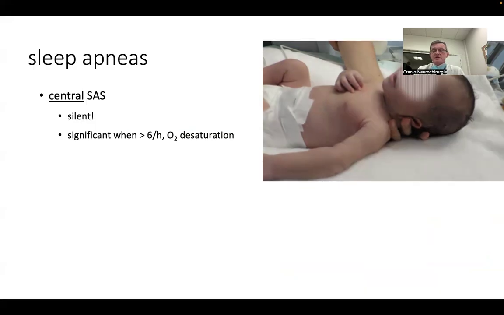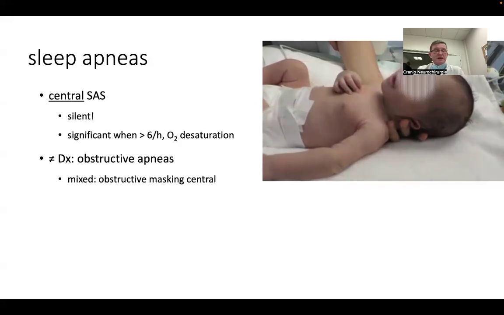This is an example in a small baby. You see him breathing, and then it stops. For how long? Then we have to make a decision, we have to shake him a little bit because it can be harmful.